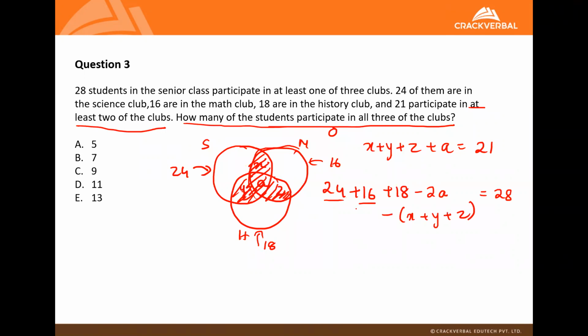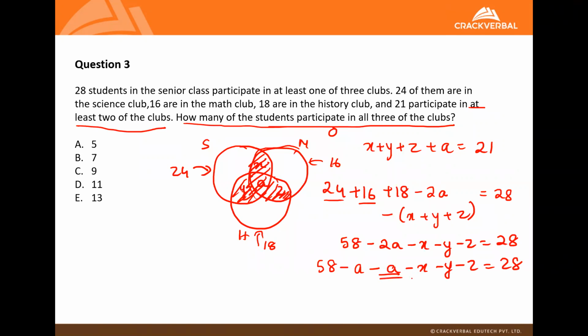So 24 plus 16 is 40, and 40 plus 18 is 58. So 58 minus 2a minus x minus y minus z is 28. I can split the 2a, so 58 minus a minus x minus y minus z is 28. And remember, minus a minus x minus y minus z, if I take the minus common, would be minus of x plus y plus z plus a.